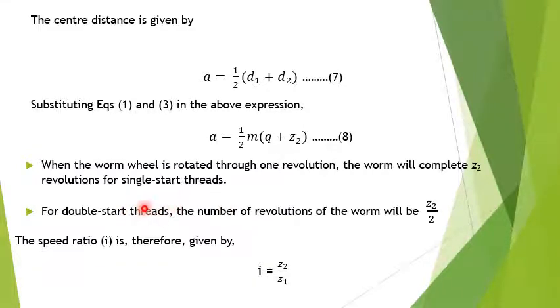And for double start threads, the number of revolutions of the worm will be half of that, that is Z2 by 2. It should also be noted that the pitch diameter of a worm is not a function of its number of threads, that is Z1. So the speed ratio i is given by i is equal to Z2 by Z1. It is not given by the ratio D2 by D1 in the case of worm gear drives. So this is about the velocity ratio.